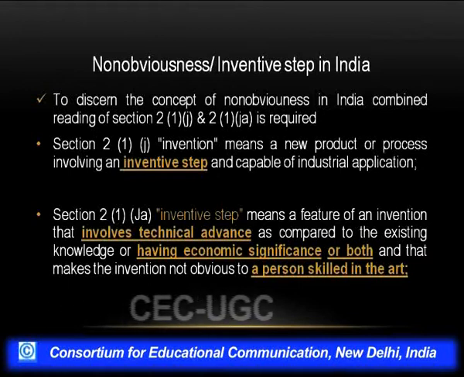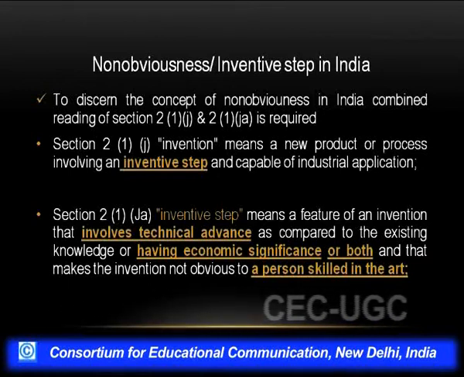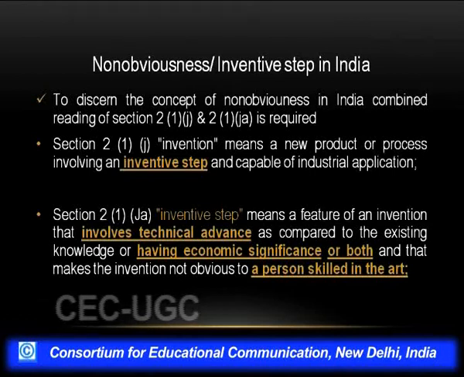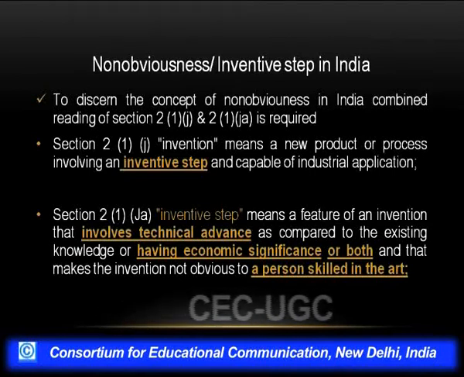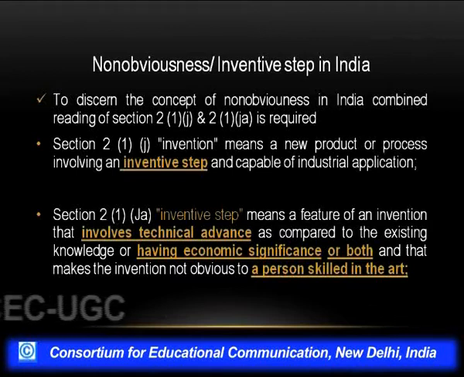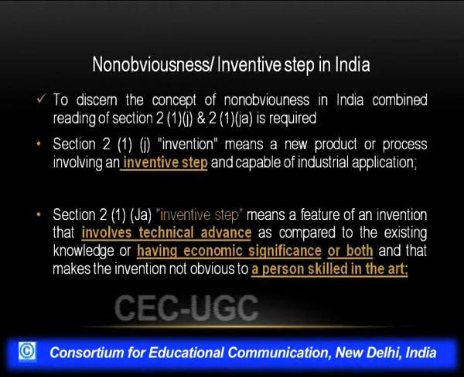Friends, I would like to draw your attention here, and I request all of you to kindly have attention to these demarcated things in this particular clause, that is 21JA. It reads that inventive step means a feature of an invention that involves technical advance.